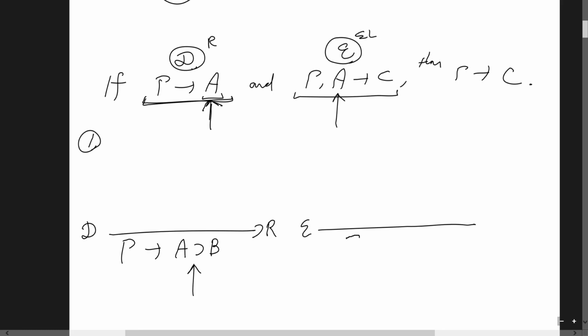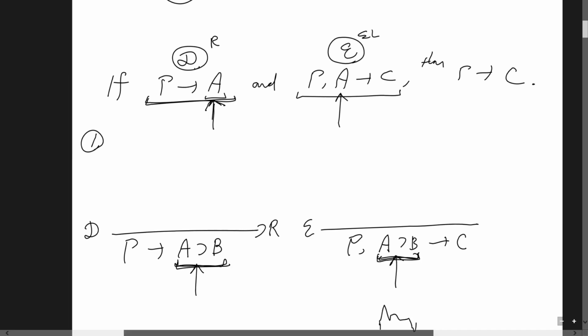And this time the cut formula is A implies B, arrow C. And this time we focus on this one. So this is the cut formula. This is the cut formula.